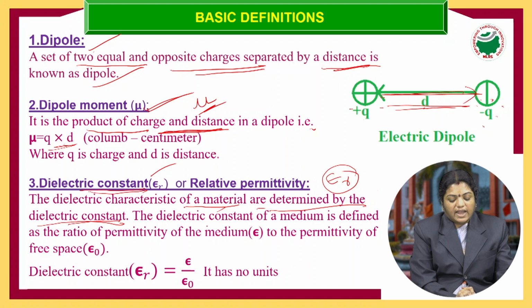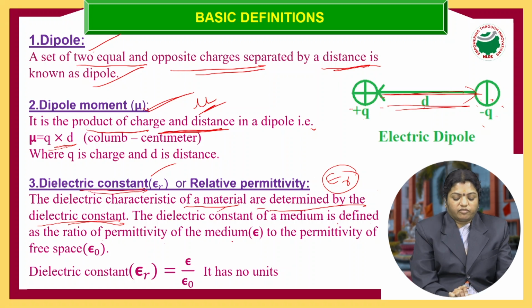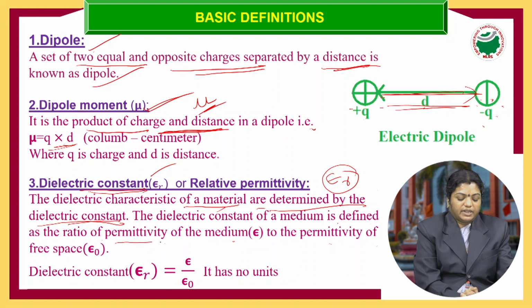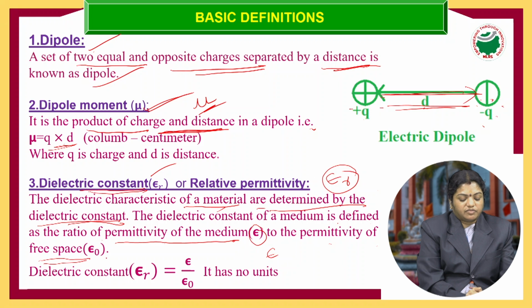And next, the dielectric constant. What is the definition? The dielectric constant of a medium is defined as the ratio of the permittivity of the medium and the permittivity of the free space.